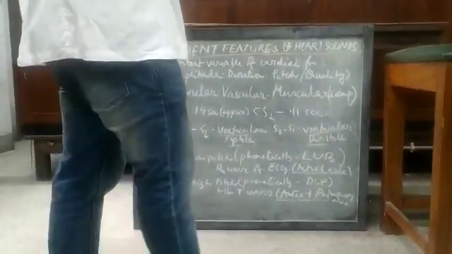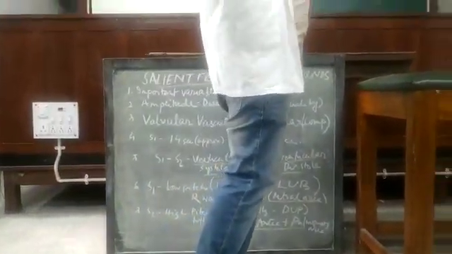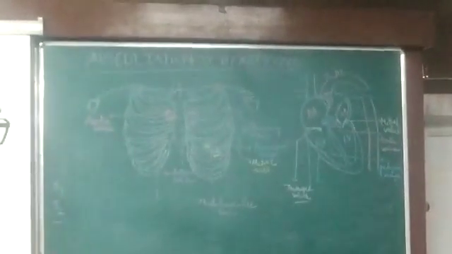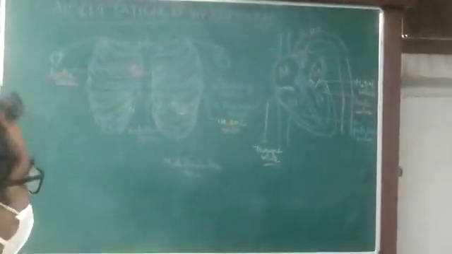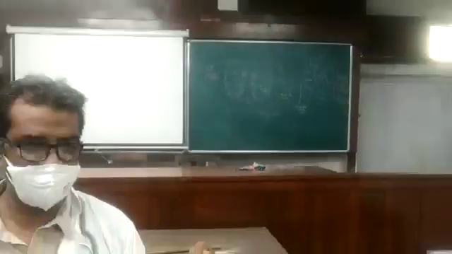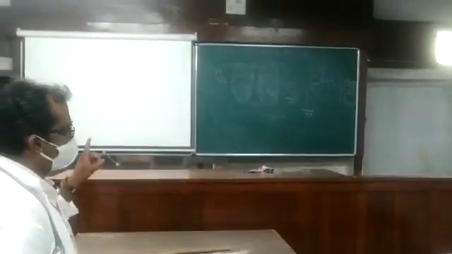As you can see in that picture, when the ventricle begins to contract, the AV valve first goes towards the right atrium, the chordae tendineae pull it back, again the blood flows back, again goes towards the right atrium, and after a certain period it stops. So this particular series of events constitutes the first heart sound.